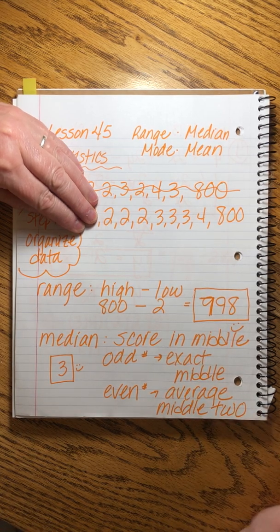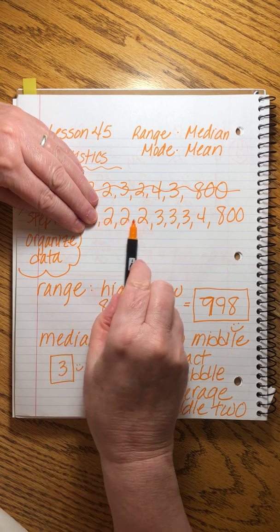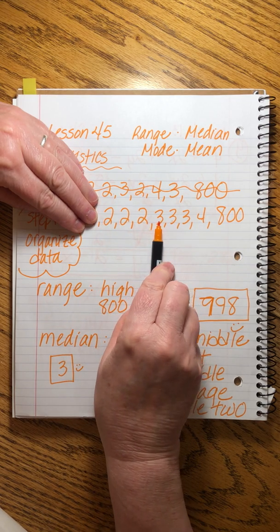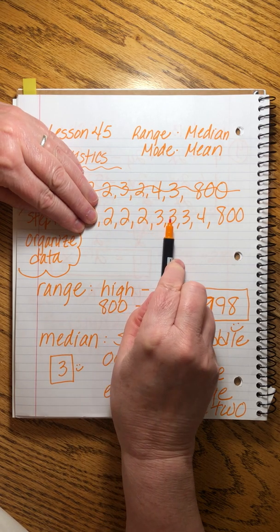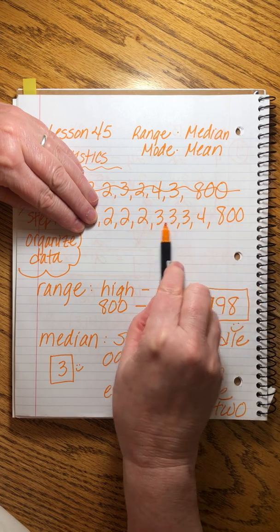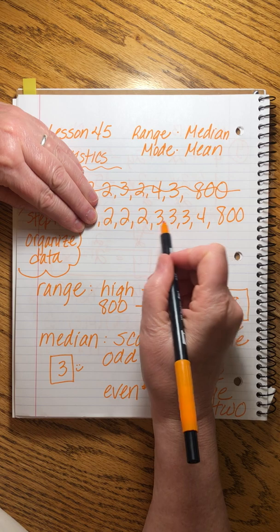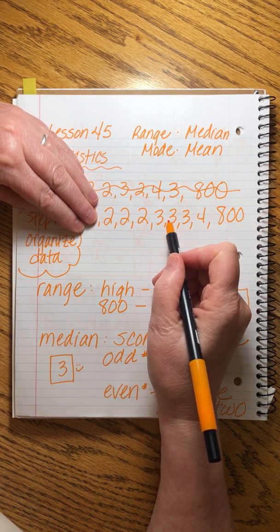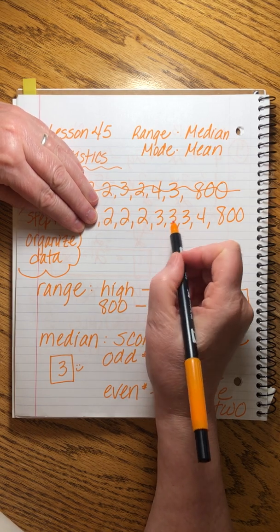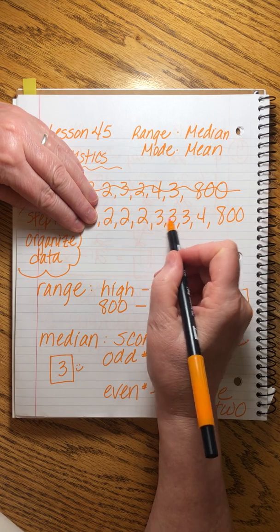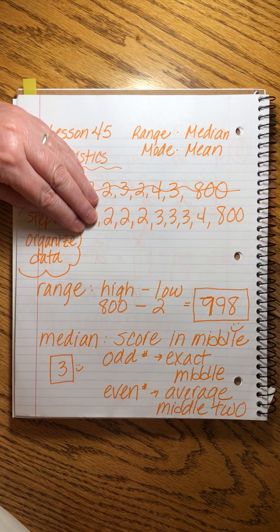Okay, so if this was our data set, we'd say, okay, 1, 2, 3, 4, so that's half of the middle, and then 1, 2, 3, 4, that's the other half. So we would see that our median is the average of those 2 numbers. It happens to be the same, so we would easily conclude that our median was 3, but these can be different numbers, and we'll see that in another problem.